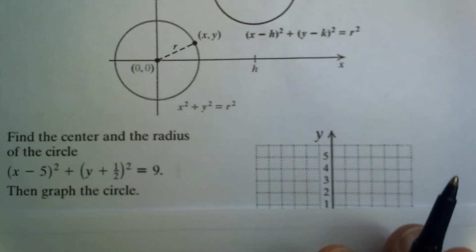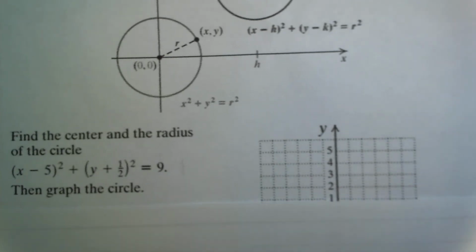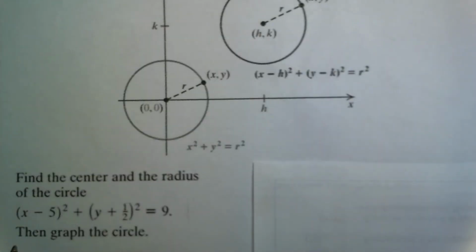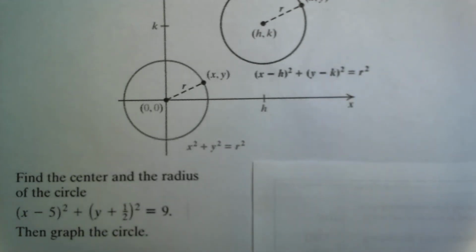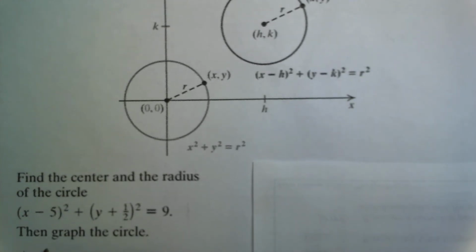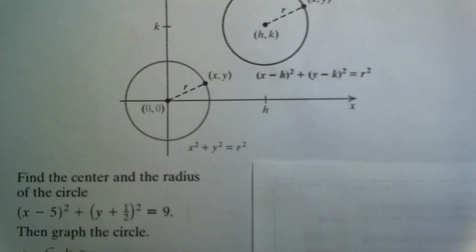Our first exercise is to find the center and the radius of the circle x minus 5 squared plus y plus 1/2 squared equals 9, and then graph the circle. When we compare the equation of the circle with the standard form of the circle, we notice that the center would be at h equals 5 and k equals minus 1/2.